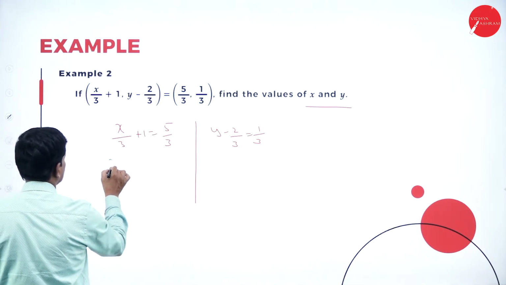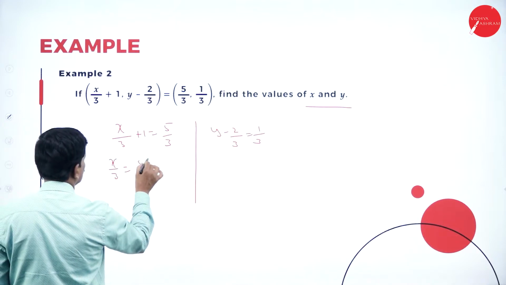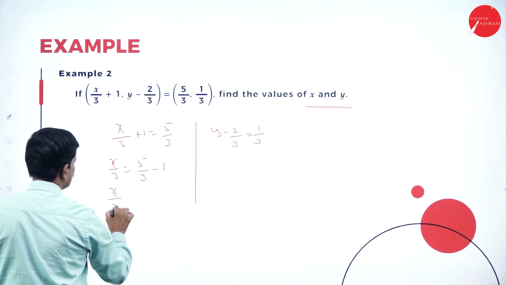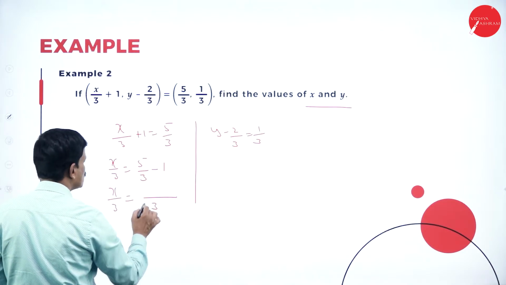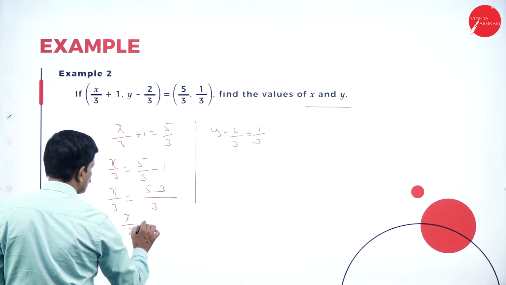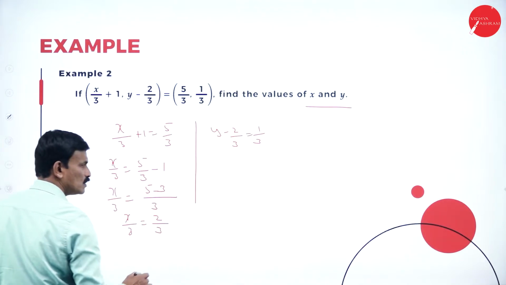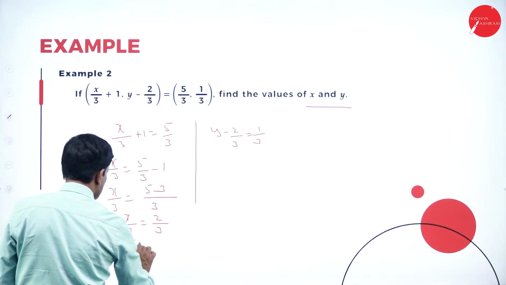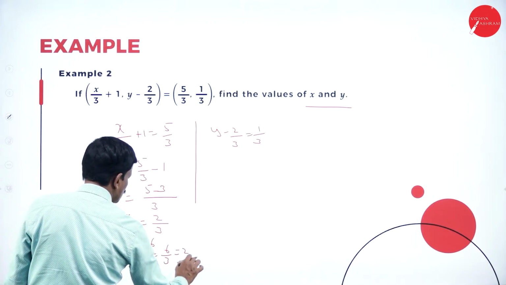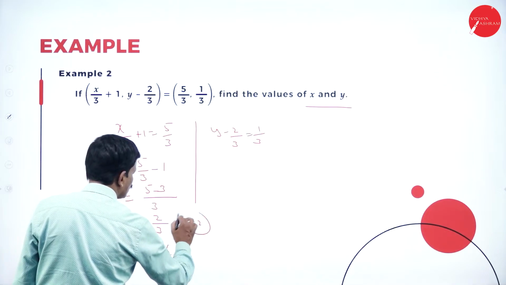Otherwise you can transfer this. x/3 = 5/3 - 1. Take LCM, 3 is the LCM, 5 - 3 ones are 3. So x/3 = 2/3. Cross multiplied, 3x = 6, x = 6/3 = 2. So x = 2 is the value.